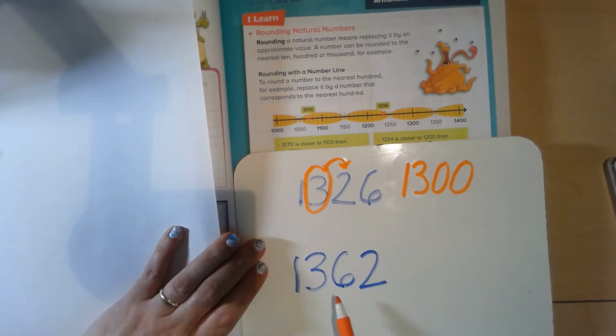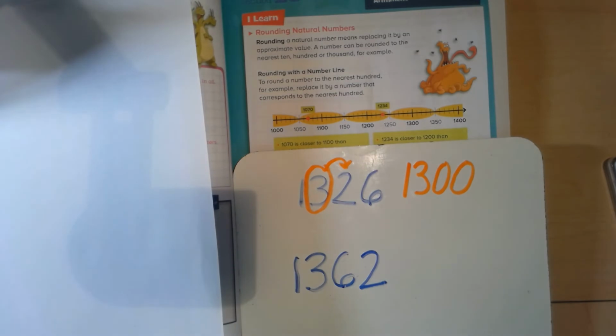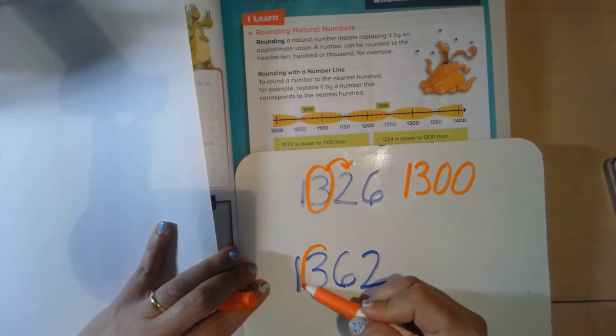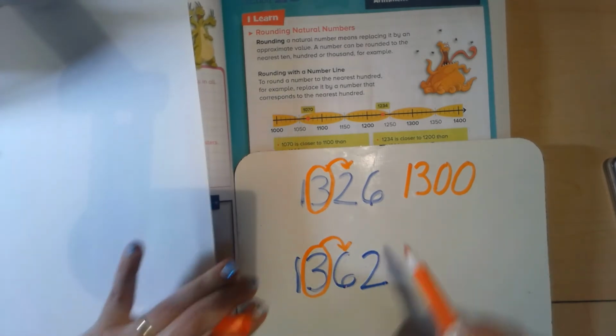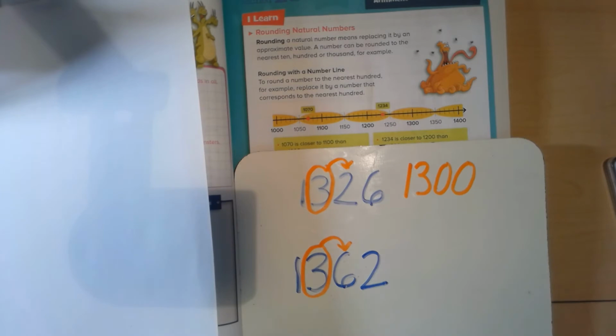But let's look at 1,362. Now I'm going to circle my 3. I'm going to look at the number to my right, and it's a 6. Well, 6 is greater than 5.